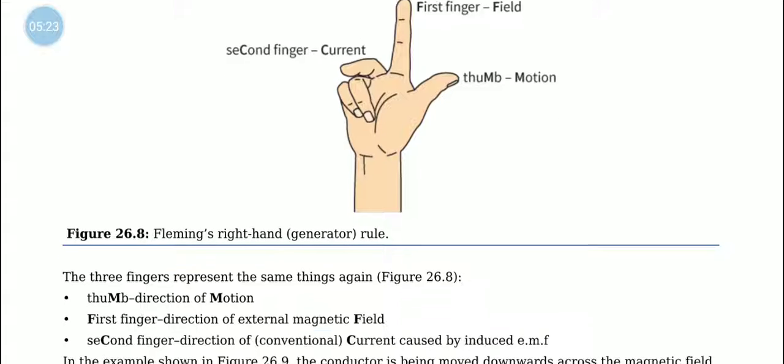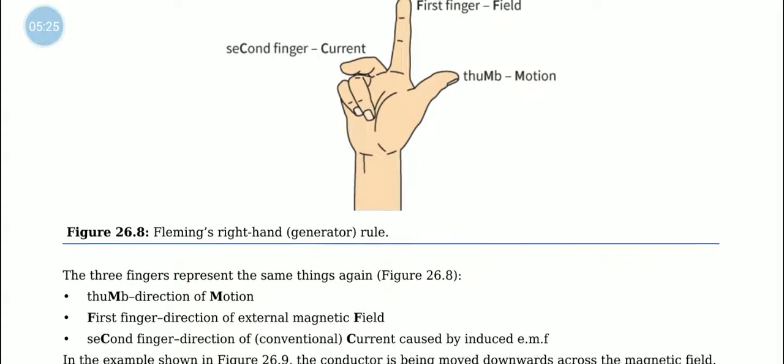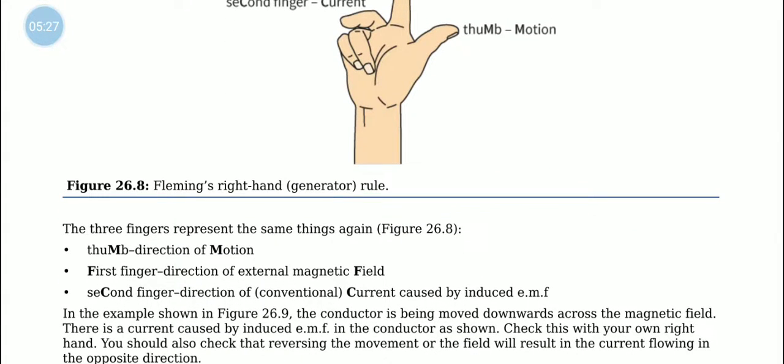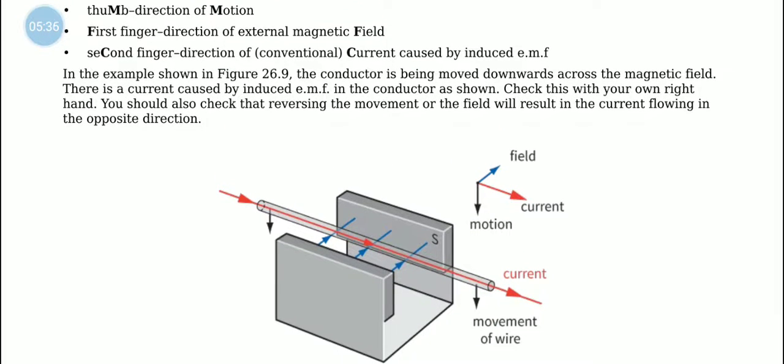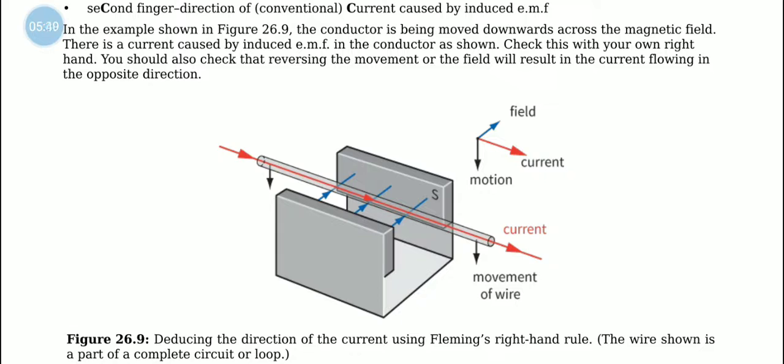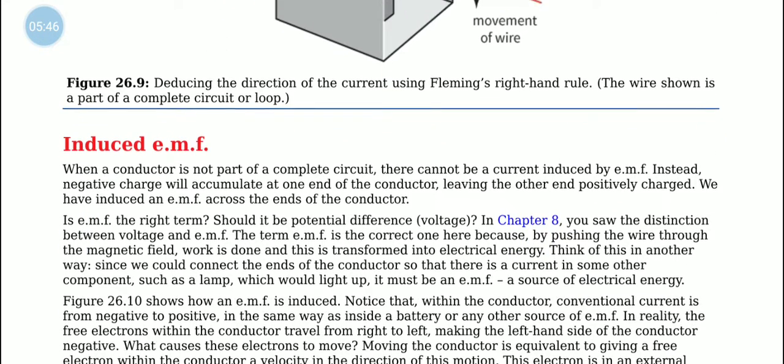And please draw this diagram and write what they represent. Thumb, direction of motion; first finger, direction of external magnetic field; and second finger, direction of conventional current. If you want, you can draw figure 26.9 also, to make it clearer. But if you have understood, then you can move on.